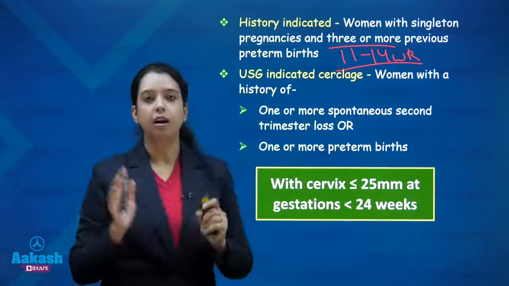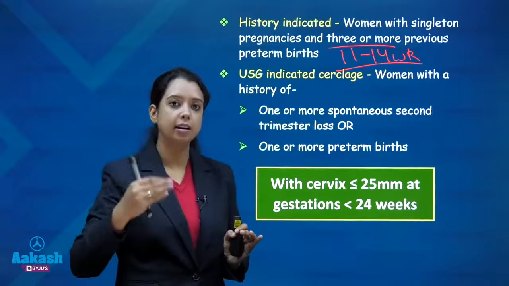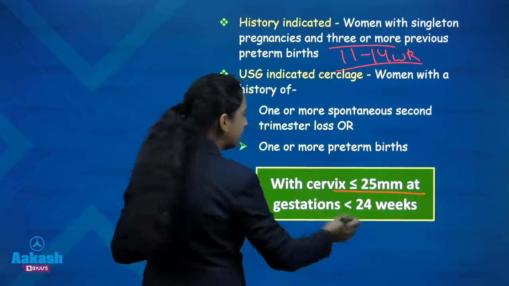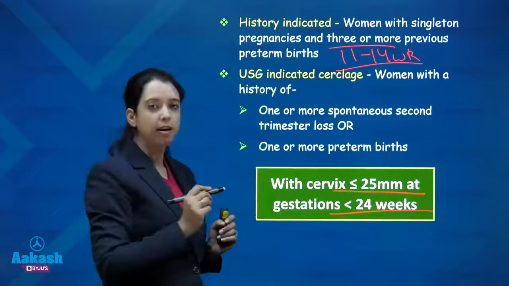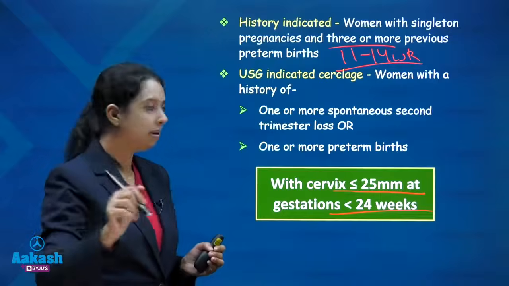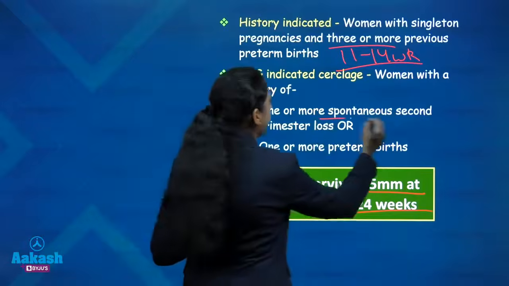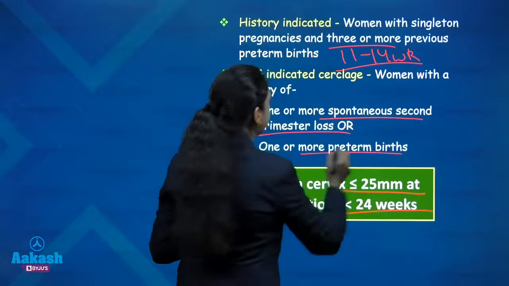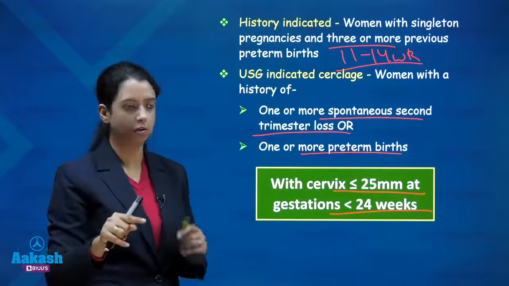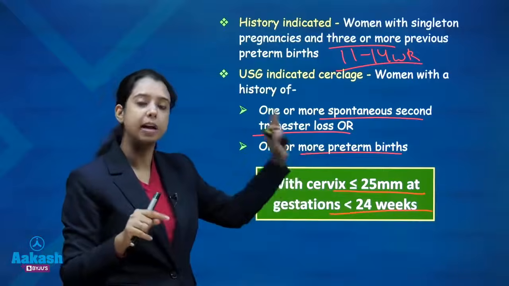Ultrasound indicated is a woman in which the ultrasound shows your cervix to be less than 25 mm at less than 24 weeks, okay. And why are you doing this ultrasound? In any woman? No. So a woman who has given you a history that she had 1 preterm birth or 1 second trimester loss, in that woman you did the ultrasound, you saw the cervix is short, then you gave the cerclage.